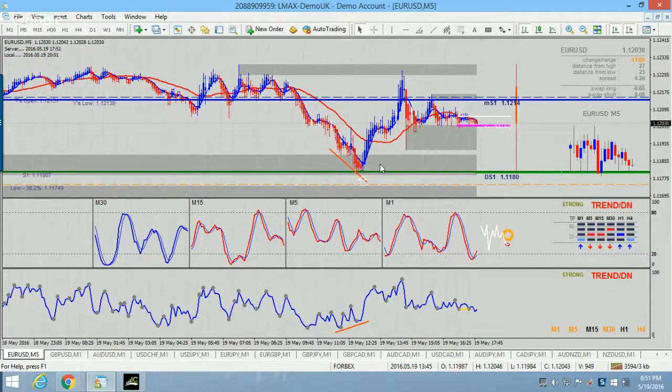So those are the levels where you have to search for opportunities generally when we are looking for a 2 minutes reversal or for a divergence or a retracement of 5 minutes.